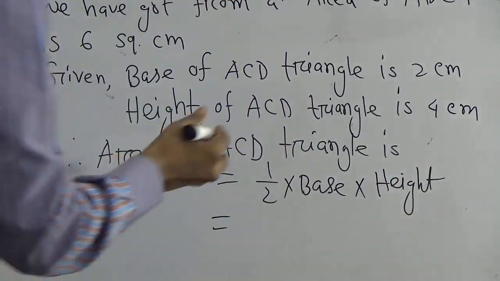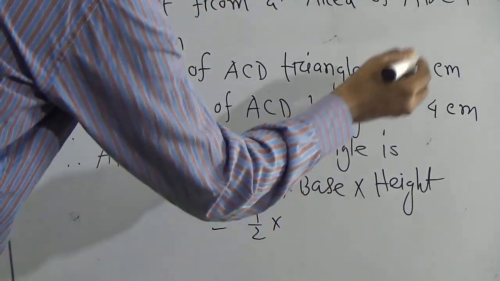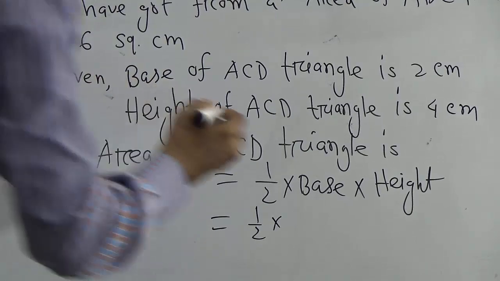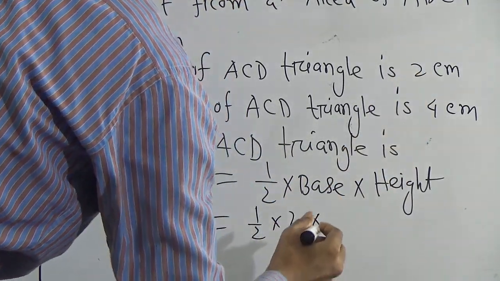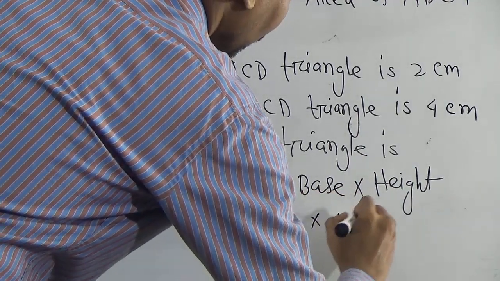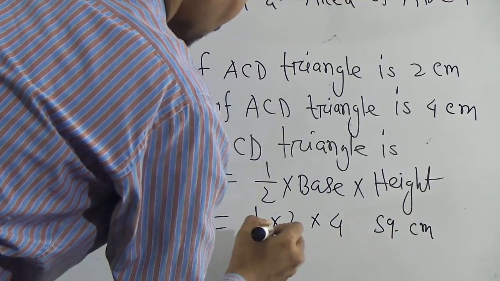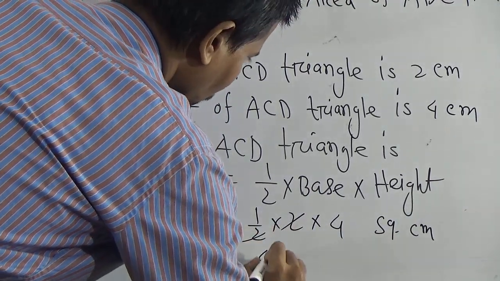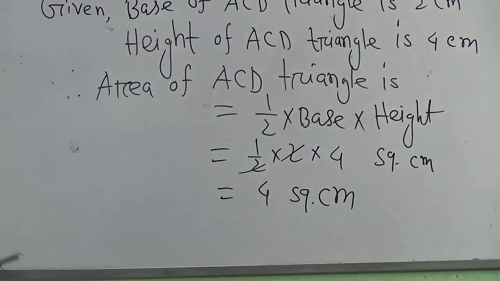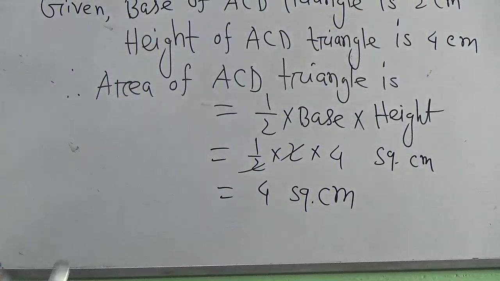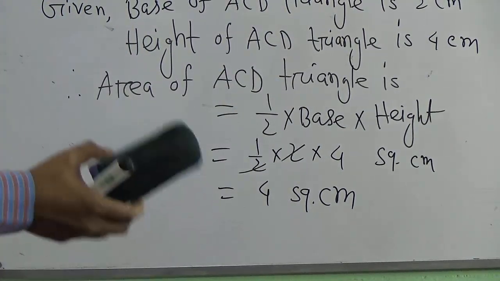Okay, half into base. Here base is 2 centimeter and height is 4 centimeter. You divide this, then you get 4 square centimeter. Okay, that means we determine now area of ACD triangle.